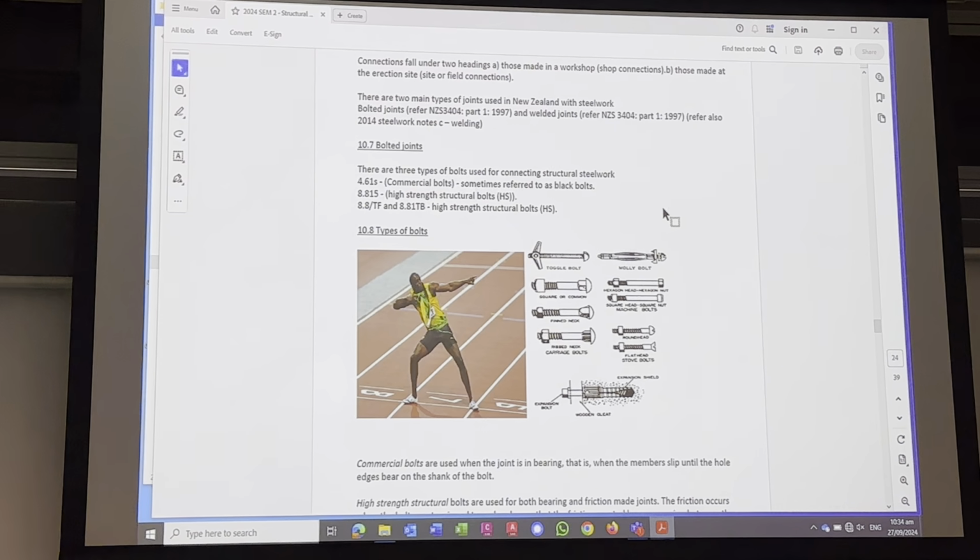There are other ways to join to concrete. You can use various glues or substances, and also you can set the bolts into the concrete on a steel plate, with the bolts poking up out of the concrete. The issue with that is you've got to get your drilling perfect on the steel, and that's quite an art, so that the steel slips over the bolts.